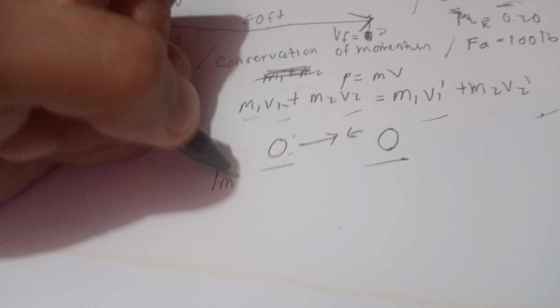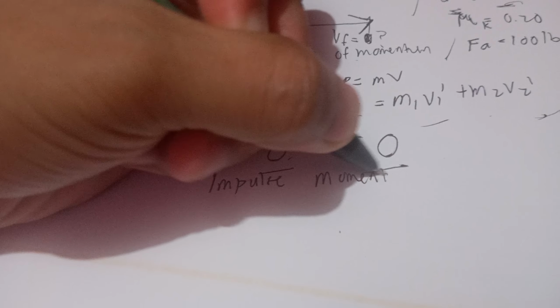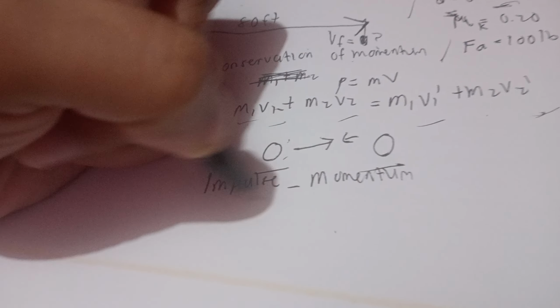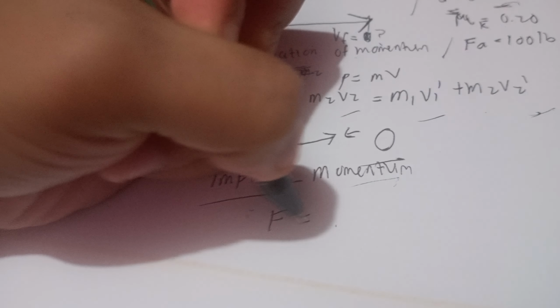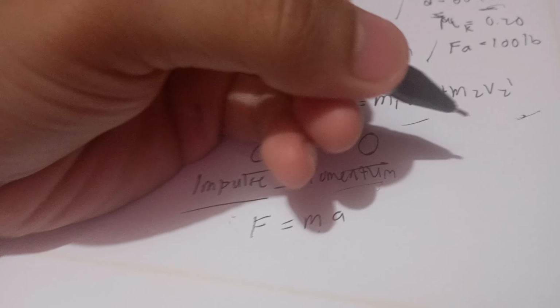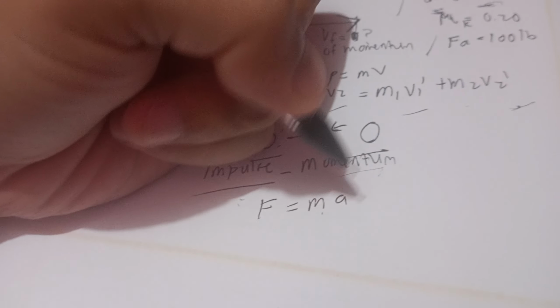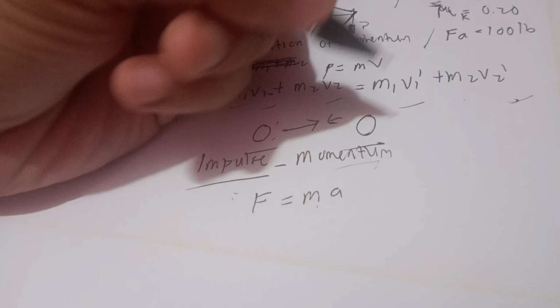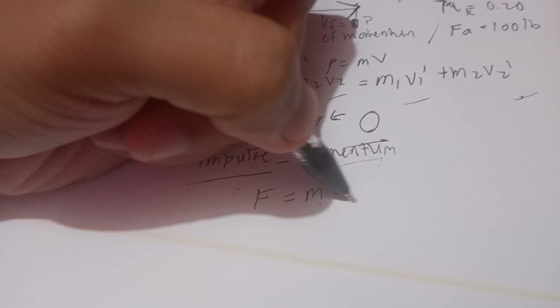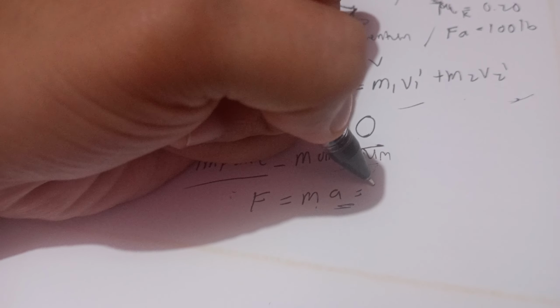Meron din na tinatawag na impulse momentum theorem. Sa impulse momentum, nanggaling lang kasi yan sa second law of motion, which is yung law of acceleration, or force equals mass times the acceleration. Alam natin na ang acceleration is equals to change of velocity with respect to time t.